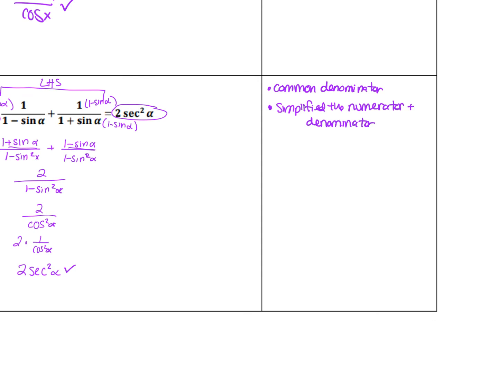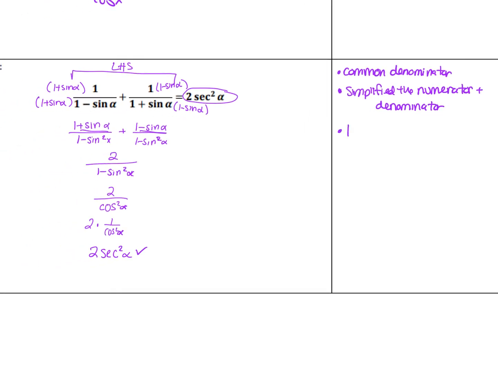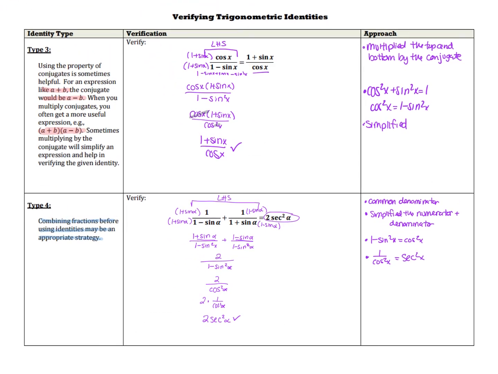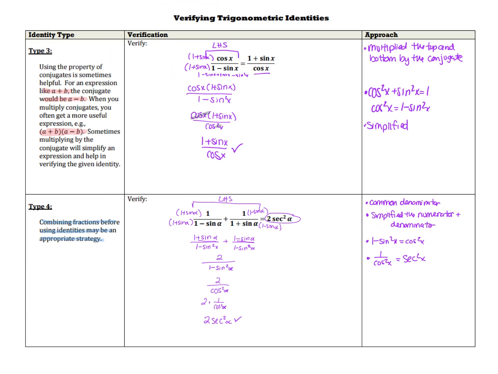Then we used the fact that 1 minus sine squared equals cosine squared. Then we also used that 1 over cosine squared is secant squared. And so those are a total of two more strategies on top of the two we talked about before when it comes to verifying trig identities.